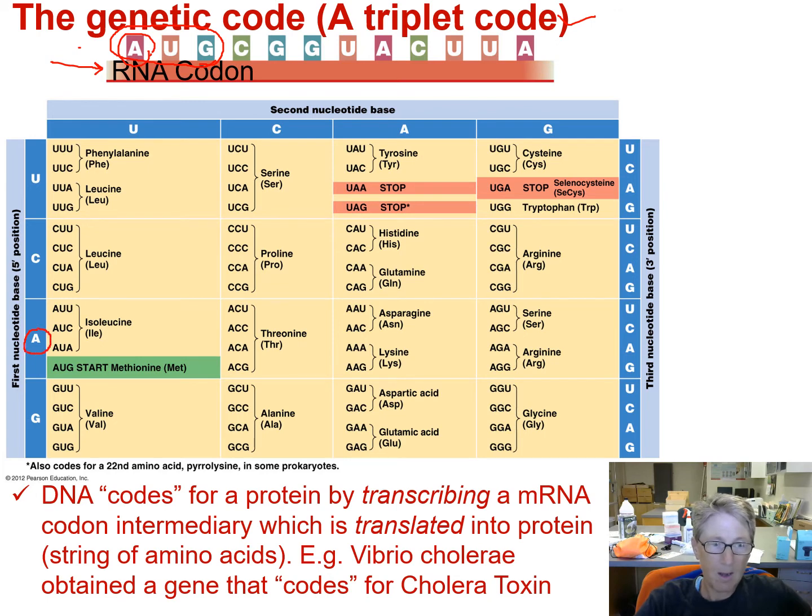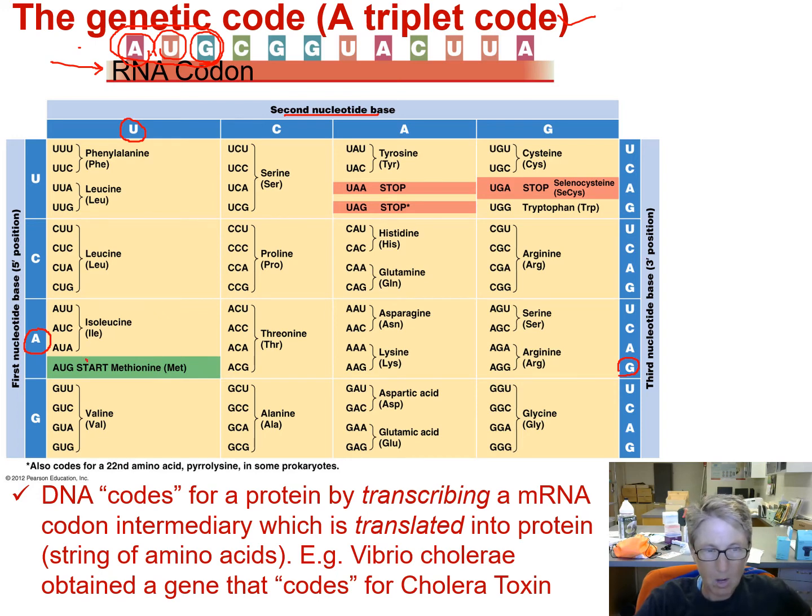Then the second nucleotide is U. Then the third nucleotide, it's a triplet code, so you read it three at a time, is G. So you come over here, here's the third base in this sequence. So here's a G, and you see this is AUG.